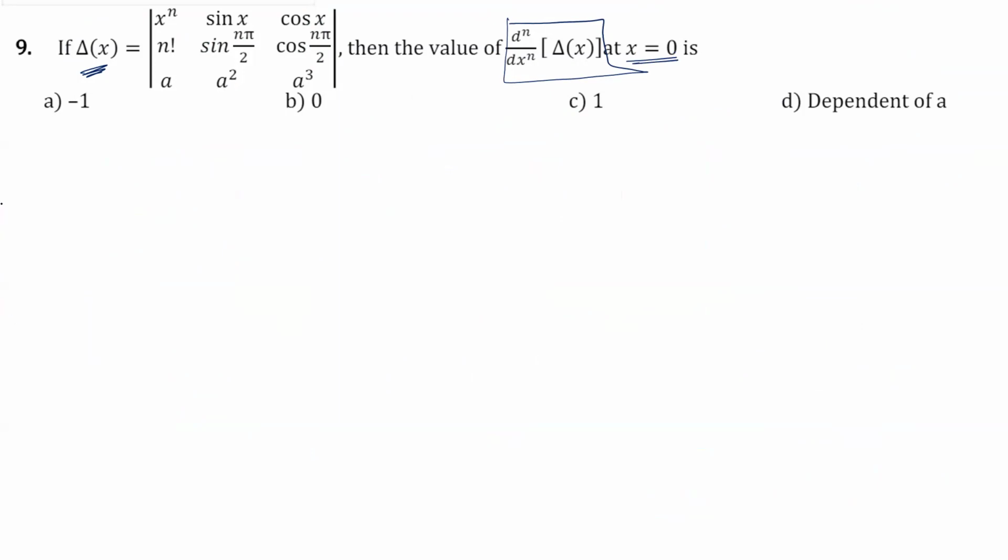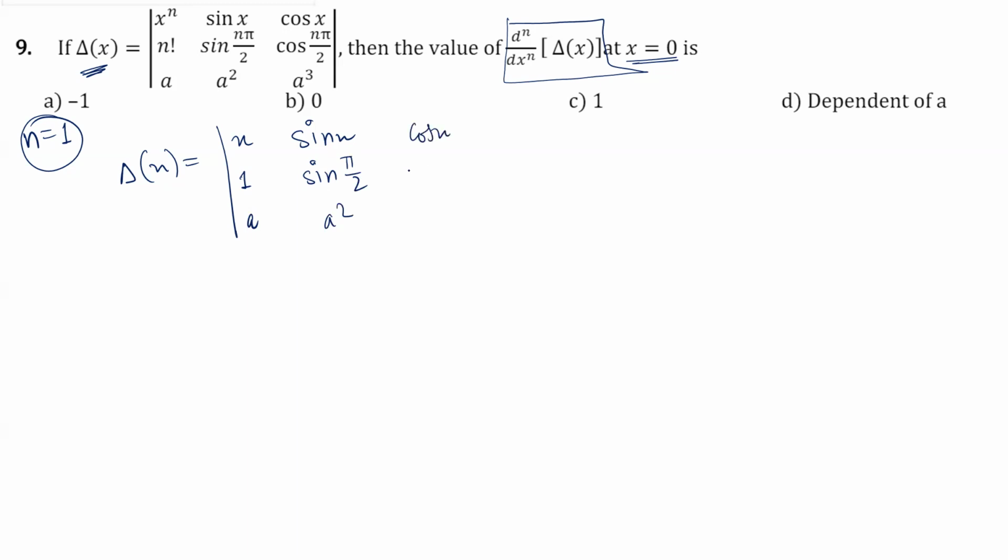So if n equals 1, what will be the scenario? Sorry, n equals 1. So this will come out to be delta x equals x, 1 factorial is 1, and this is a sin x, sin pi by 2, this is a square, cos x, cos pi by 2, a power 3.